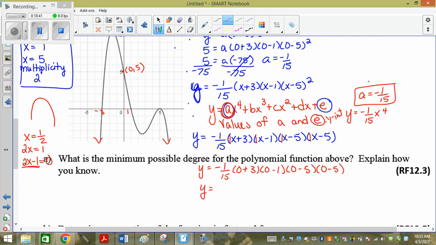So I get y equals negative 1 over 15 times negative 75 over 1. And what do you get? What's 75 divided by 15? So your e would equal 5, because you get the y-intercept.